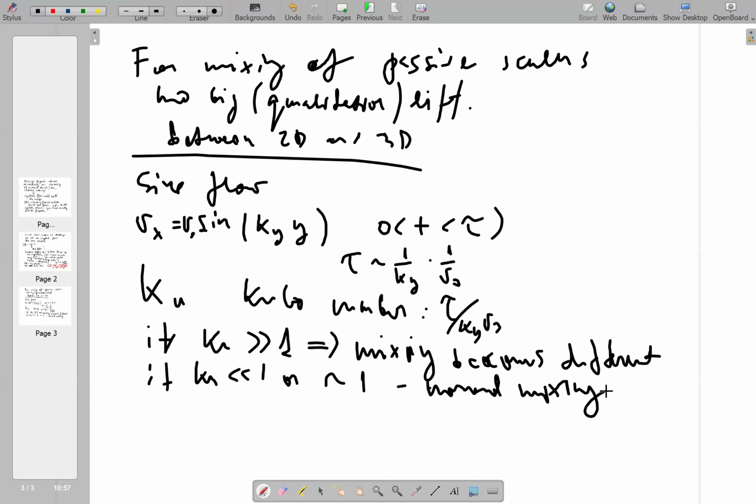So that is the infinite Kubo number case. I studied Kubo to infinity a bit earlier.